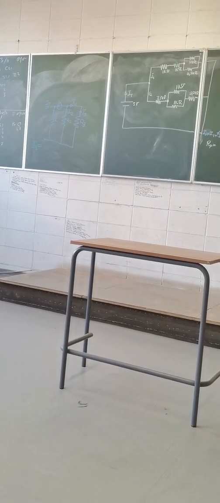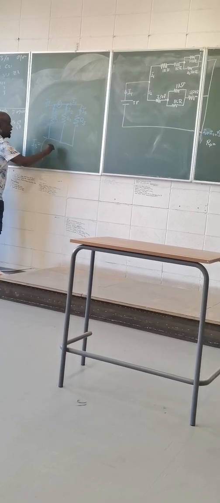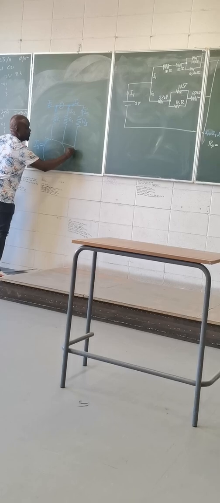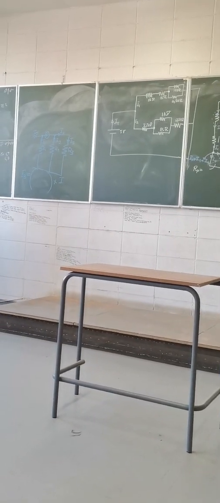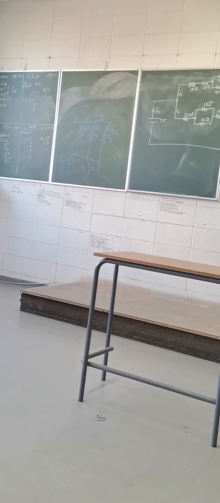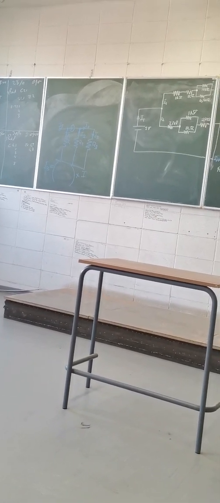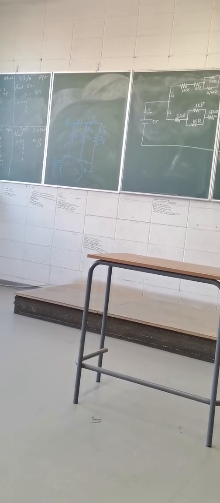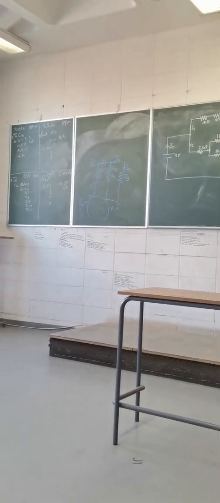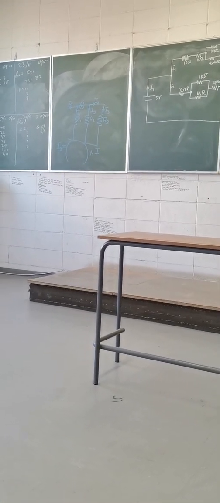Remember, it must be the magnitude of the equivalent multiplied by the supply current. But the magnitude of the network, which network? Which supply? Is it the original supply? Is it a supply within the branch?